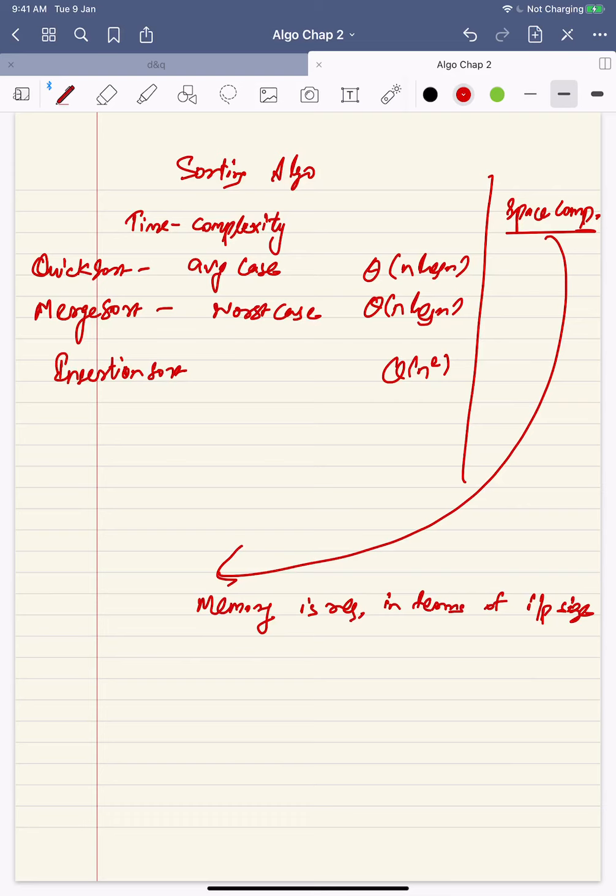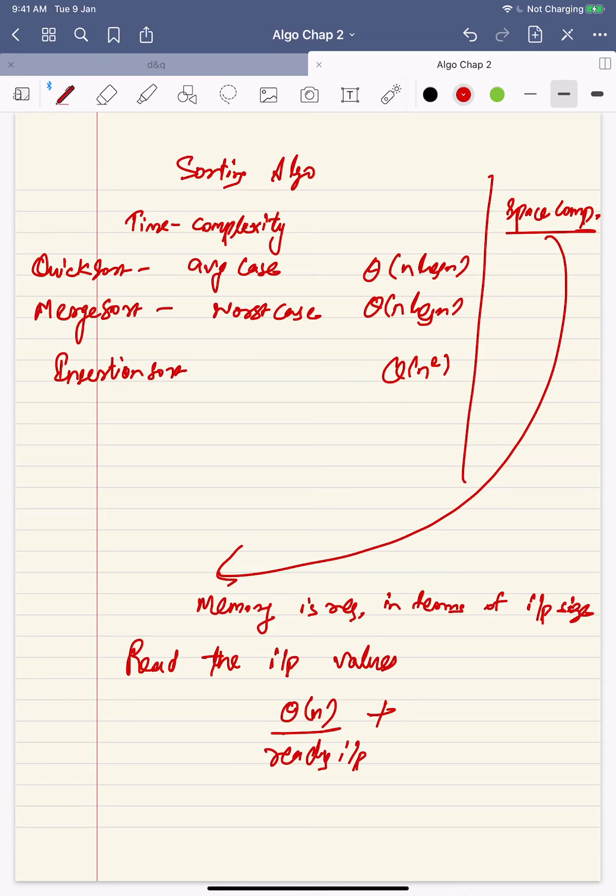At least when you are sorting, you will have to read the input values, so it cannot be less than theta n. So you have to read the input.